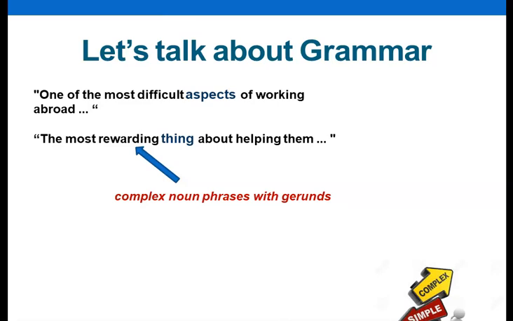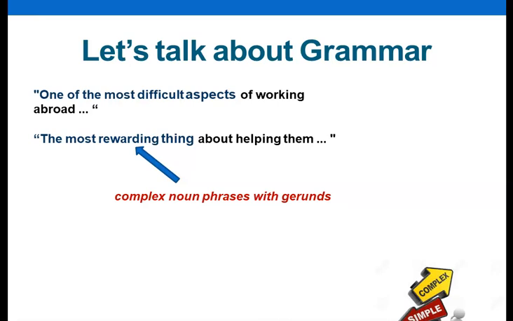But it's not only a noun, it's a noun phrase. So everything that you will see before aspect plus the aspect itself, and everything that you can see before the word thing plus thing itself will be examples of a noun phrase. So one of the most difficult aspects and the most rewarding thing are noun phrases.